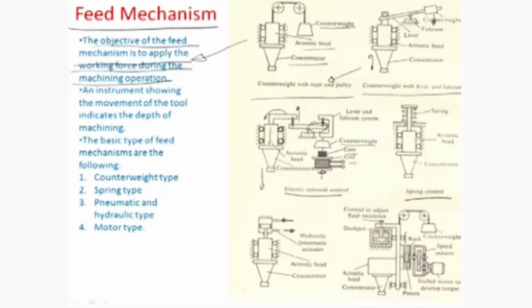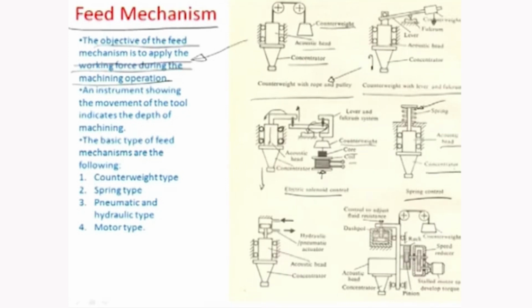You can have spring control. The same thing can be done with the K value of a static spring, and the energy can be stored or released depending on the motion that you have to generate, and that in turn would actually feed the acoustic head close to the workpiece.